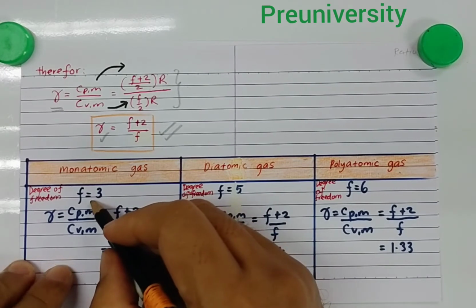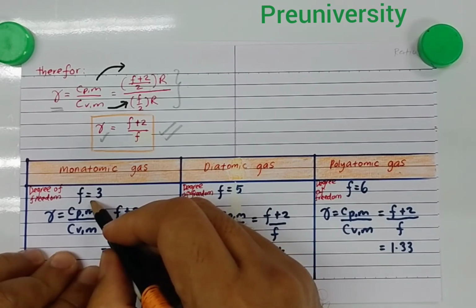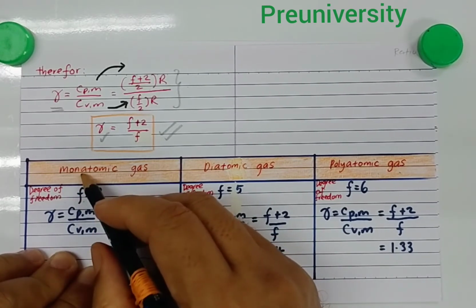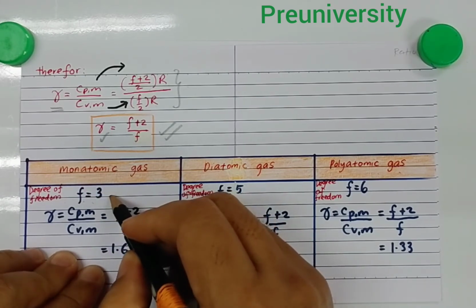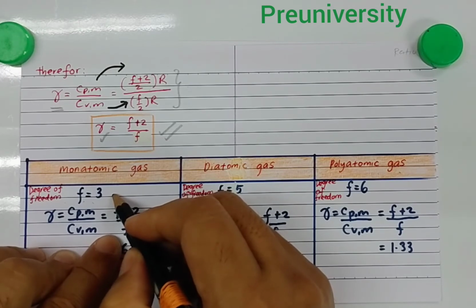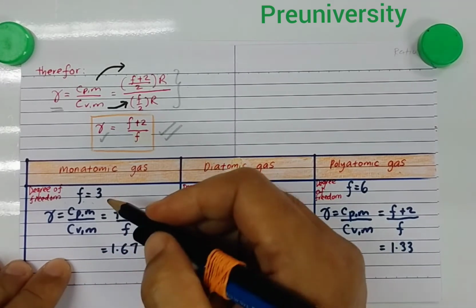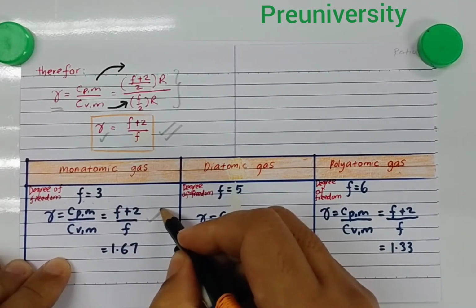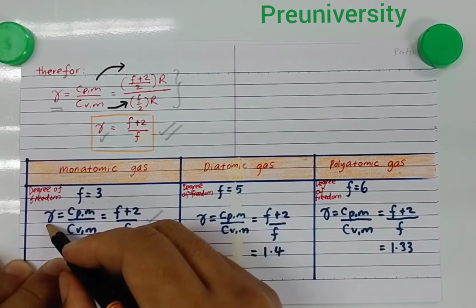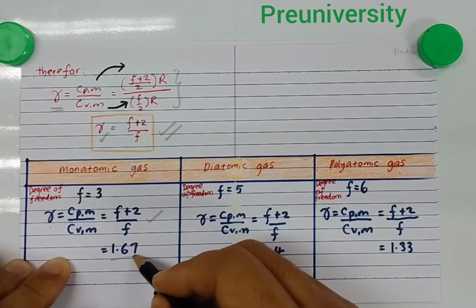F is equal to 3 degrees of freedom for the monatomic gas. Please refer to the last note, the note before this. So F is 3, and we apply it to this equation, and the ratio gamma is equal to 1.67.